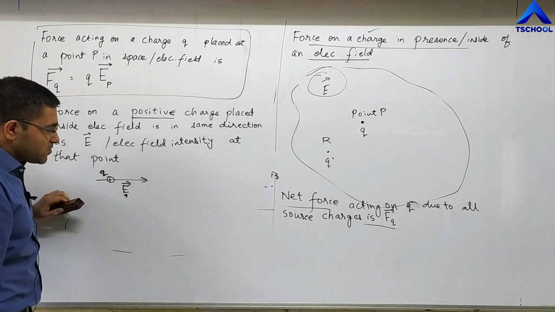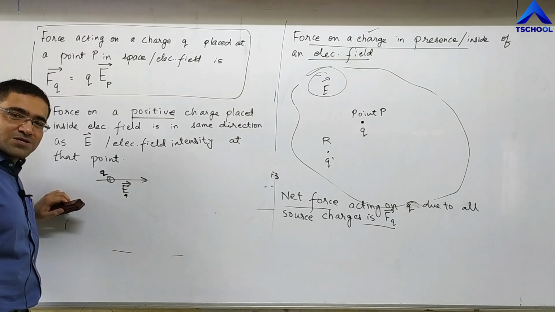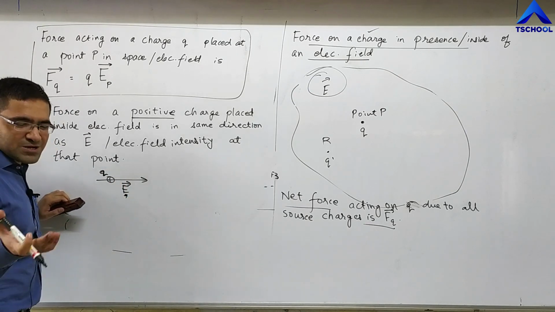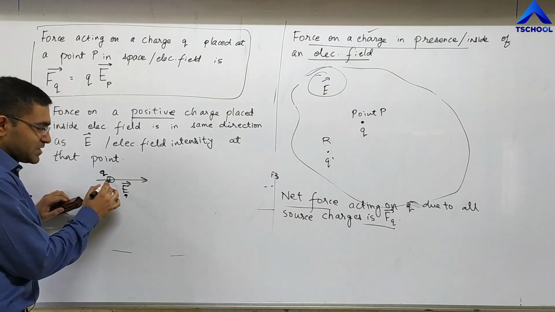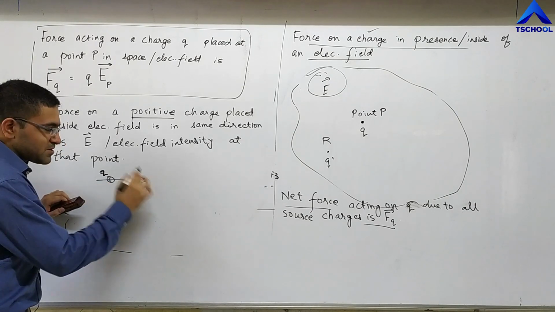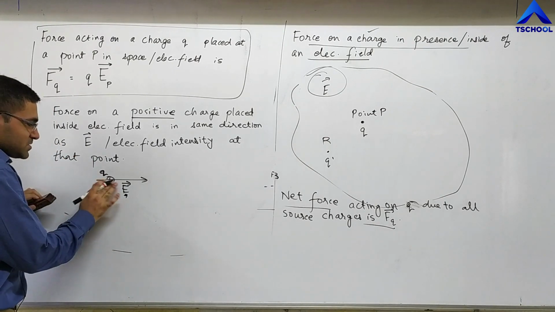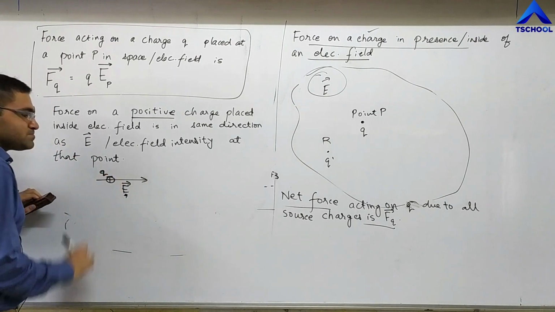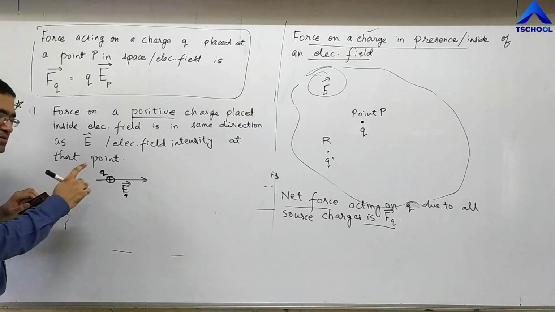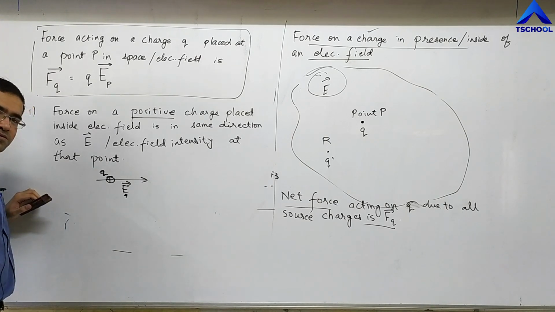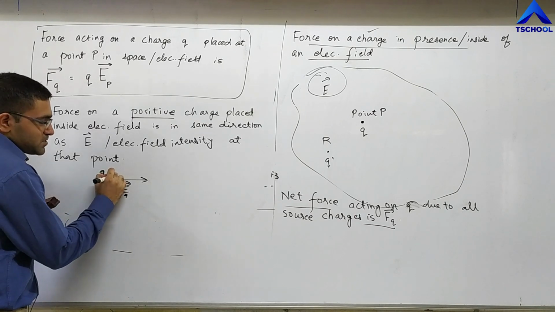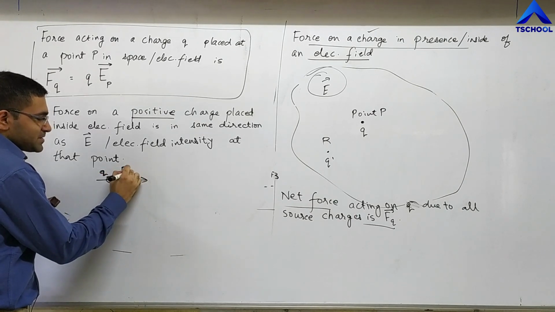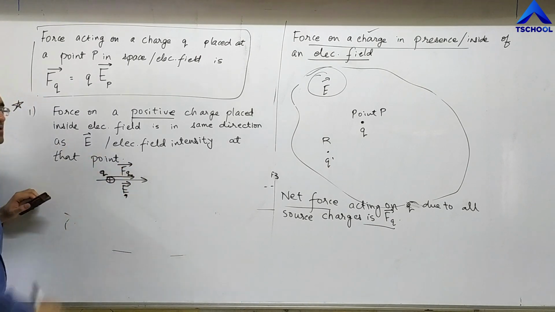You know everything. You don't need to worry about where those charges are, what's their magnitude, etc. So the electric field at this point is towards the right hand side. And then because this is a positive charge, it will experience a force towards the right hand side because of this electric field.